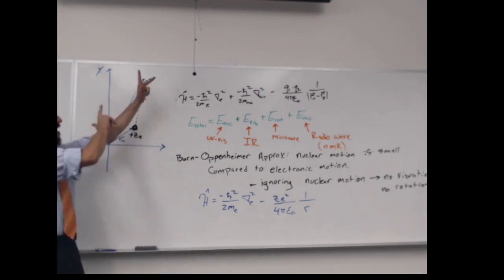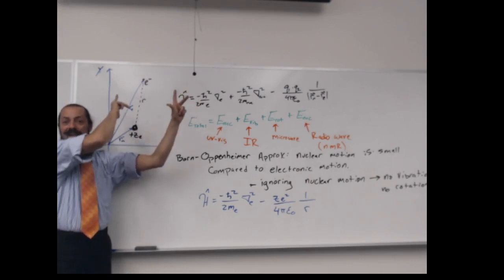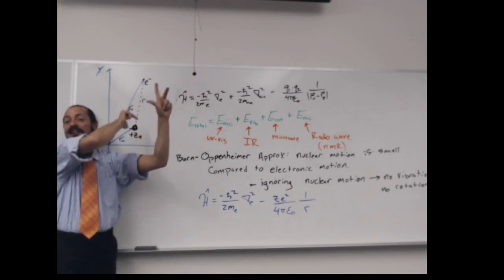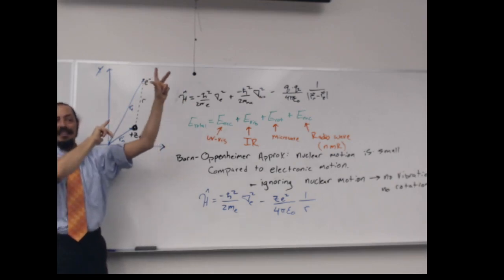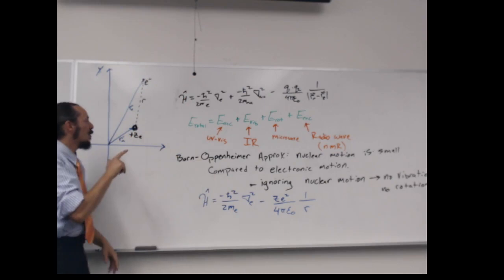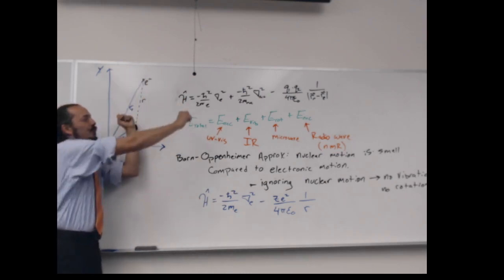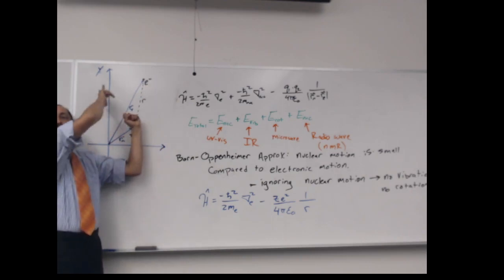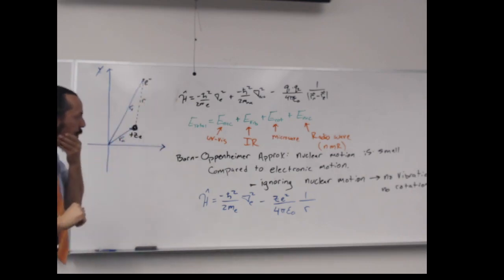I would have had to keep track of two sets of coordinates relative to each other, an r theta phi for the nucleus and an r theta phi for the electron, and that would have been a lot to deal with. By using the Born-Oppenheimer approximation, we're essentially saying the nucleus is the fixed spot, and I'm just worrying about the electron swirling around it. Just doing a single electron for now.